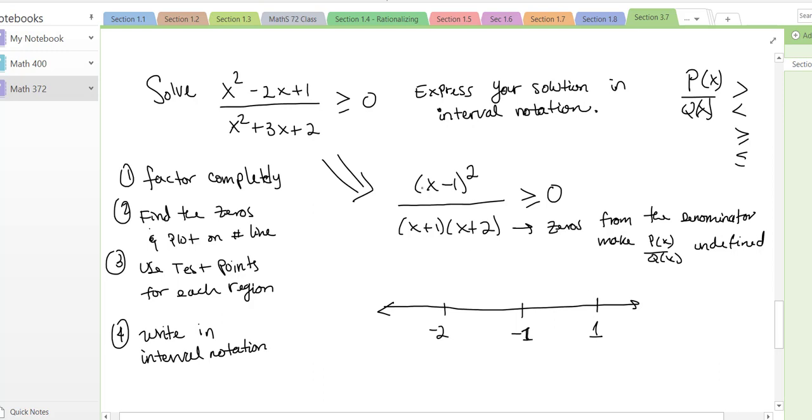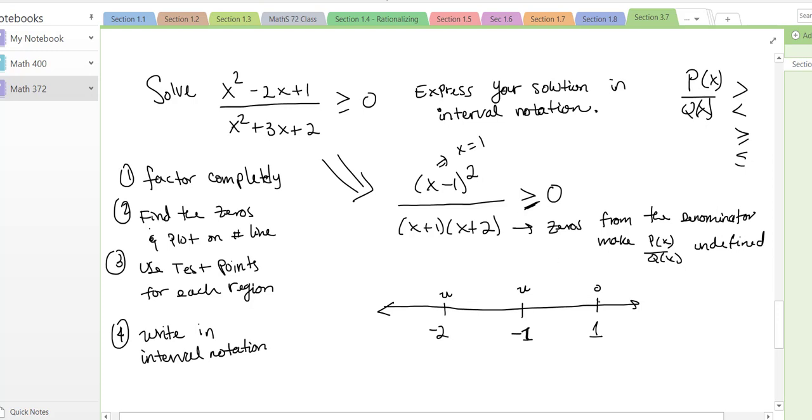Because at 1, the zero is x equals 1 in the numerator, and the expression can equal 0, I'm going to put a 0 there. So that's my personal preference. And these, because they come from the denominator, I usually put a u above them to remind myself that they are undefined.